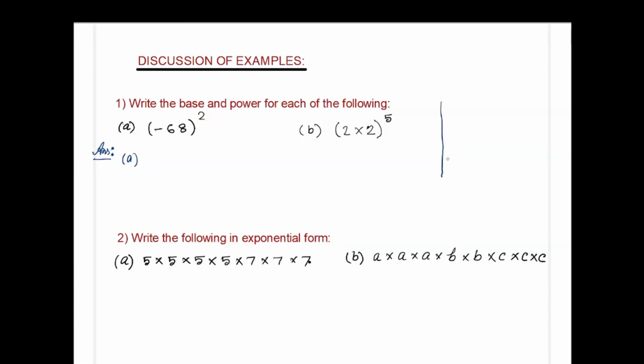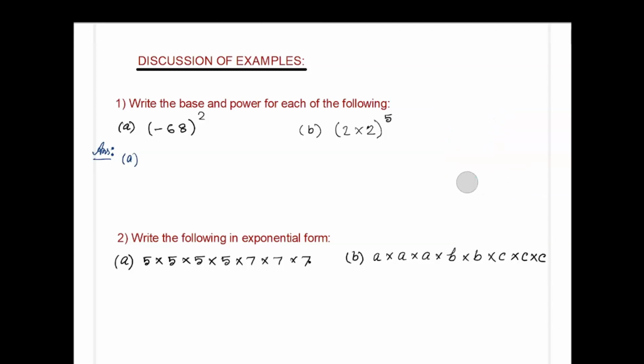When you write an exponential expression, suppose 2 to the power 4, you have to write it distinctly. Don't make the mistake. Sometimes some students write it so that it looks like 24 only. Write 2 distinctly as the base, and write the power up here. I think it is clear.